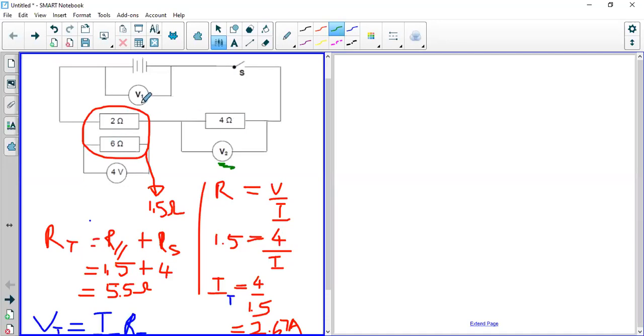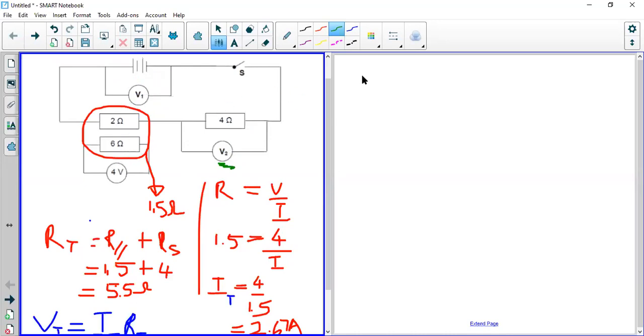This one is in series with these two that are in parallel. I know resistors in series are potential dividers. So the V1 from the battery was split two ways. If I know that this one is 4, and I can get this one, then I can add them to give me V1.